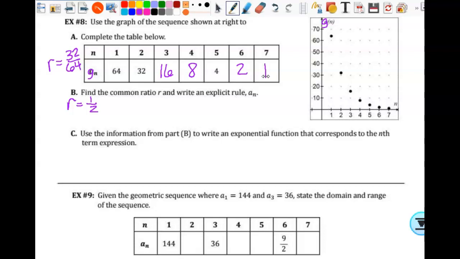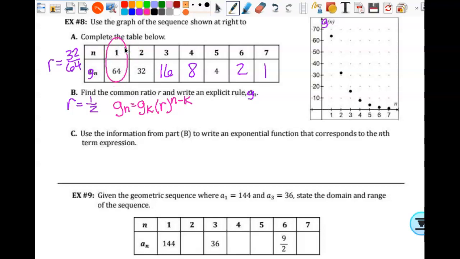And write an explicit rule for G sub n. So our generic formula is G sub n is equal to G sub k times R to the n minus k power. We're going to use this one.